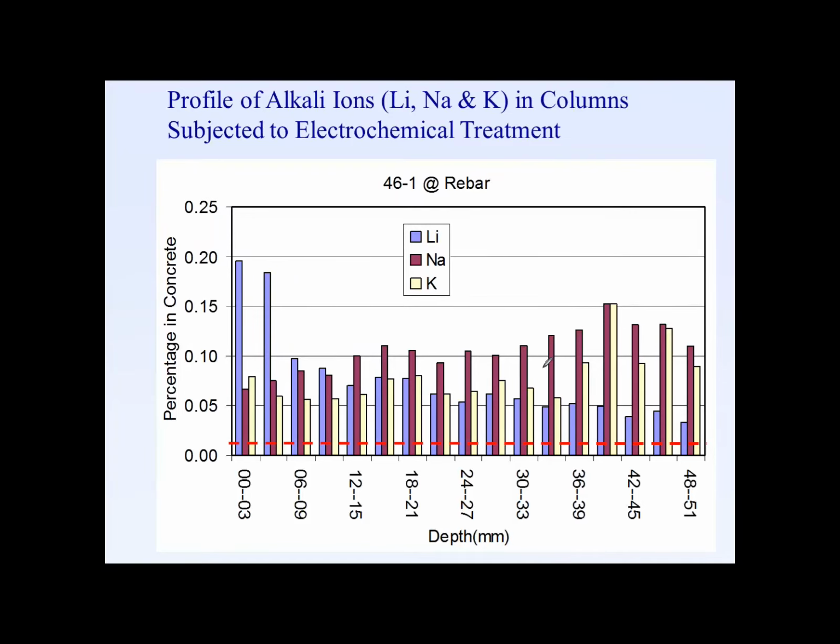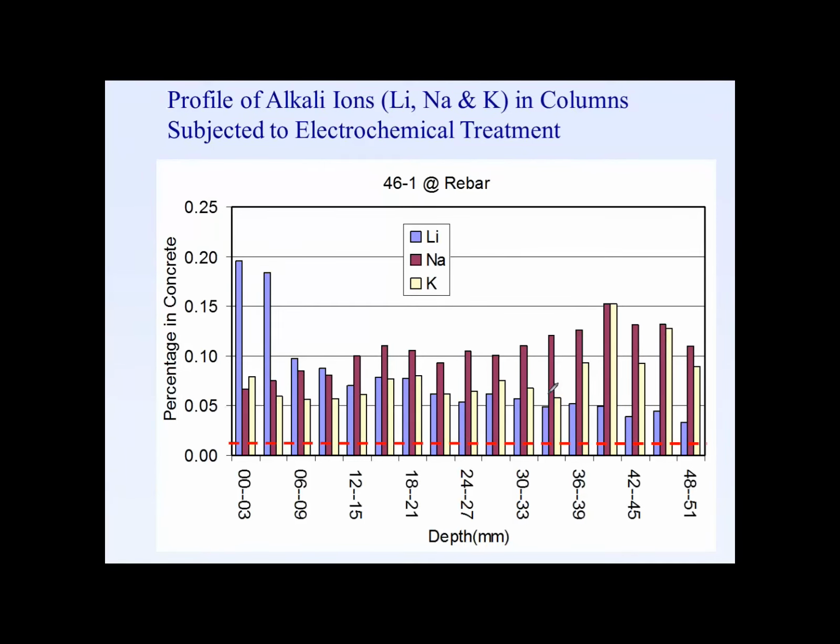Unfortunately, the other thing that we detected here, which we've now been able to confirm in other studies, is that when you produce those hydroxyl ions right near the surface of the steel, this will result in a net negative increase in the hydroxyl concentration, which has to be balanced by positive charges.